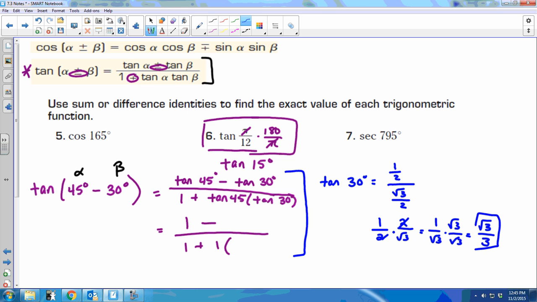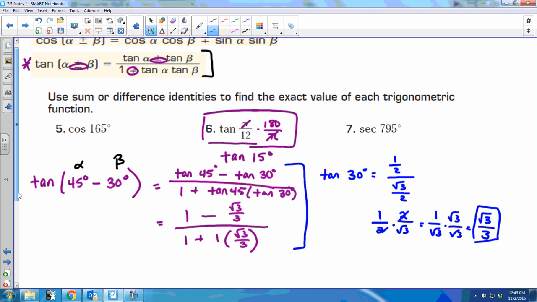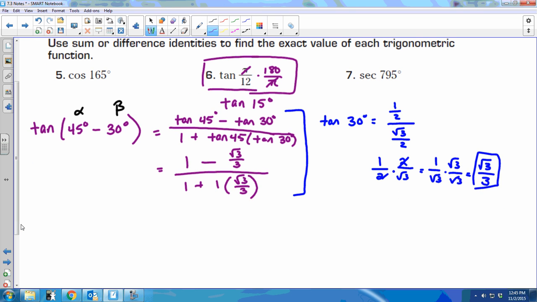Tangent of 30 is the square root of 3 over 3. Everyone good so far?